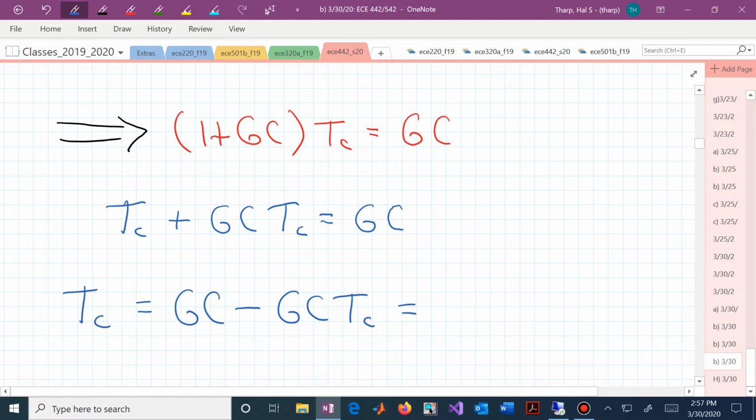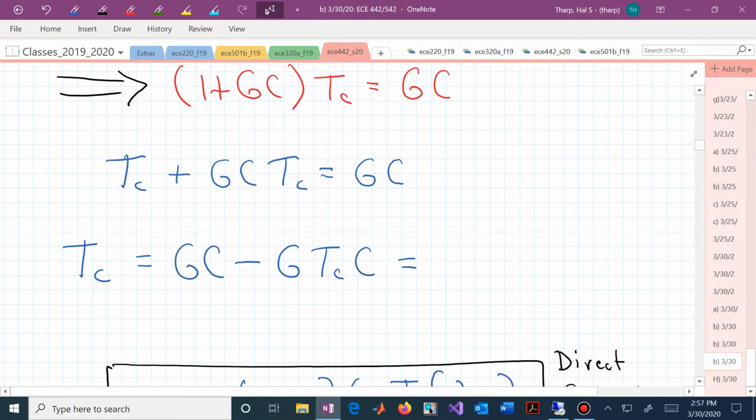And because we're dealing with scalar transfer functions, we can really interchange the order of these transfer functions. So what we were calling c t sub c, since these are scalars, they commute.